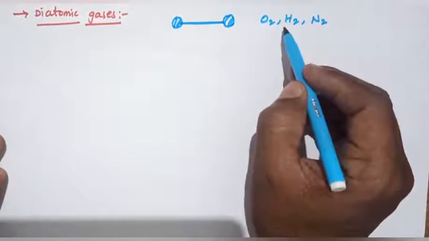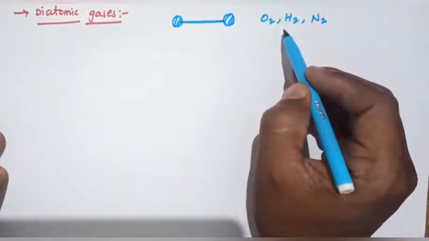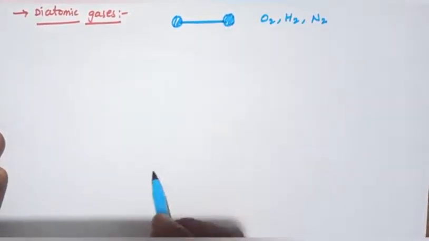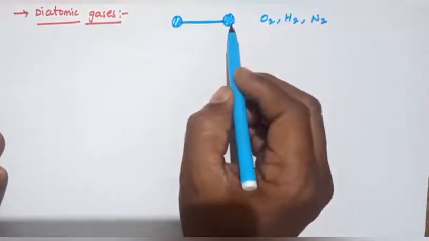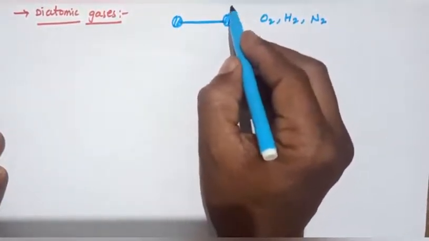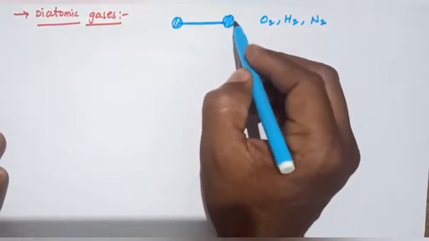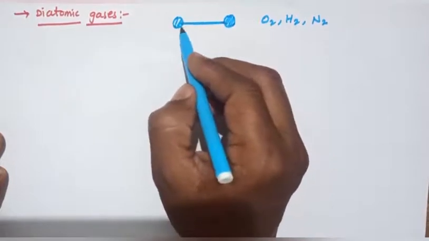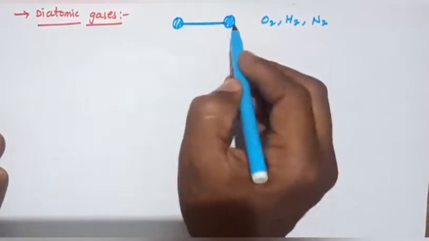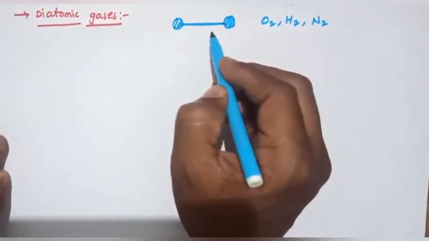Diatomic molecules have 5 degrees of freedom: the translational degrees of freedom are 3 and rotational degrees of freedom are 2, so 3 plus 2 equals 5.